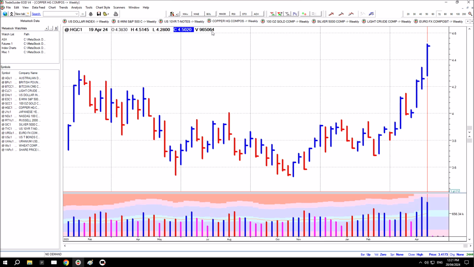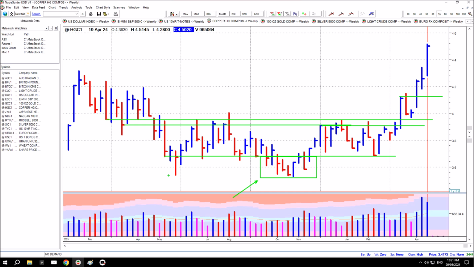Copper price futures really accelerated higher this week. You can see the levels in the background. There was the lows of the range. We noted at the time some accumulation took place in here. Here's the mid-range levels coming through here.